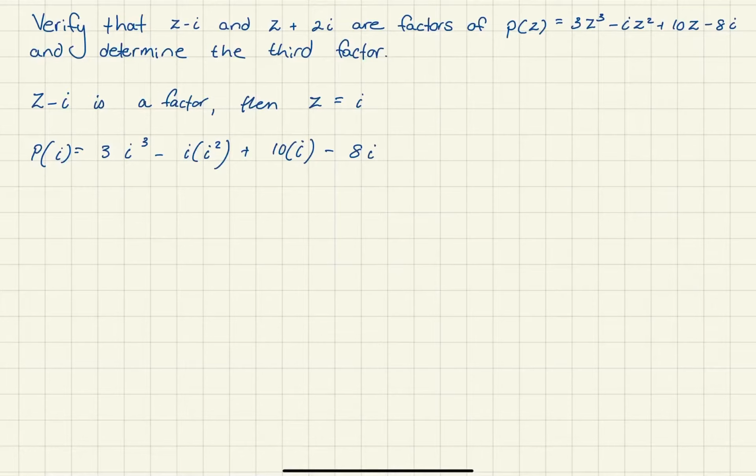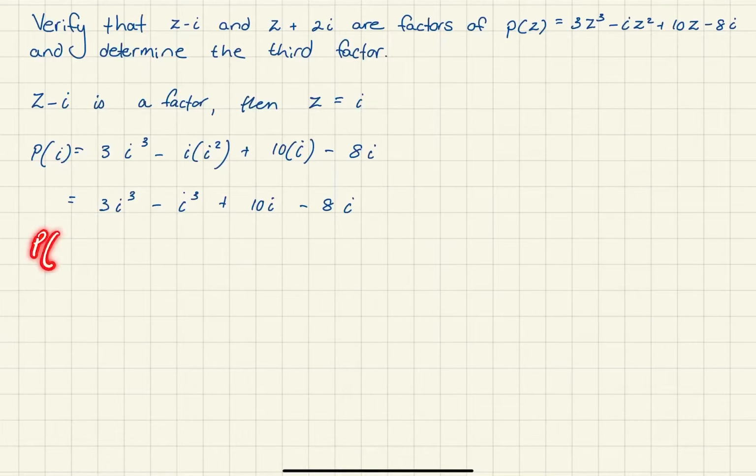So what is this equal to? This is equal to 3i cubed minus i cubed plus 10i minus 8i. Right, now this is not as simple as the previous examples where you could just add all these terms together and they would all cancel each other out to equal 0, because ultimately that's what we're looking for.